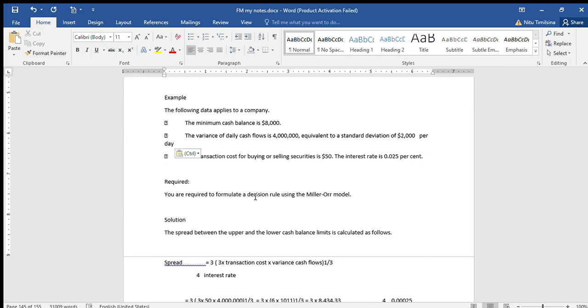We are required to formulate a decision using the Miller-Orr model. Transaction cost for buying or selling securities is 50. The interest rate is 0.025.